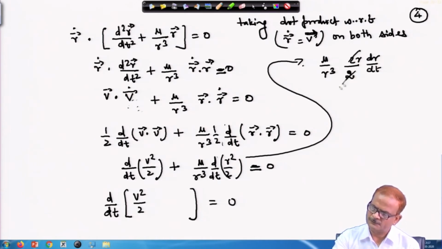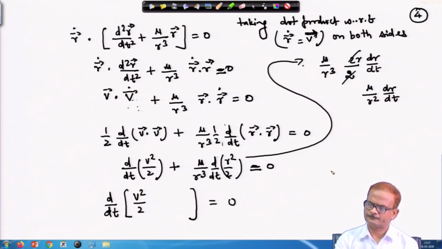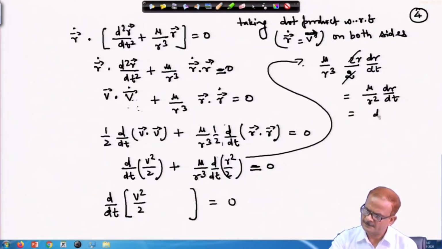So, this 2 cancels out and we get mu by r square dr by dt. So, this is nothing but d by dt of minus mu by r.